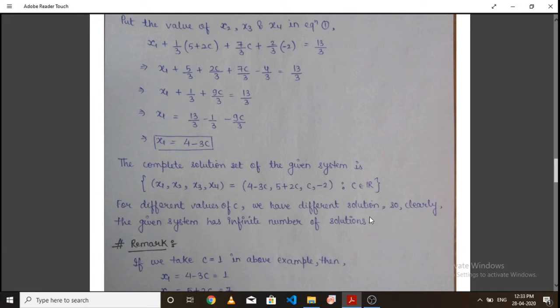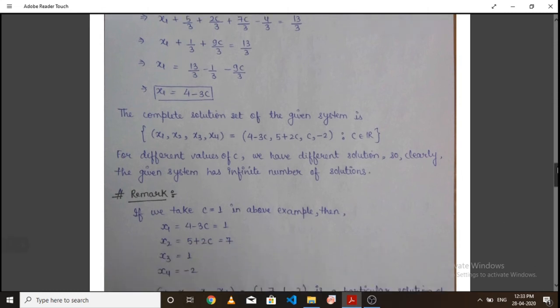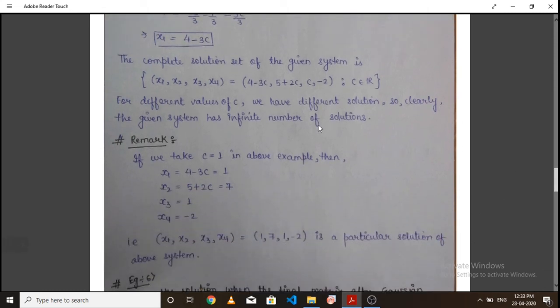Now see, if the examiner is asking you to solve the system and that system has an infinite number of solutions, then you have to do till here. But if the examiner is asking to find a particular solution of the given system, then you will solve the example till here, plus you will solve this remark also.